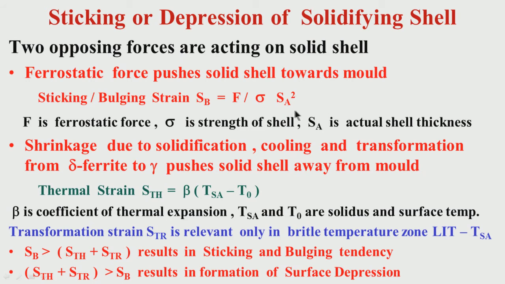So, these three factors are important. That is why I was mentioning strength of the shell is important, shell thickness is important. These two are a consequence of the chemistry I have mentioned.